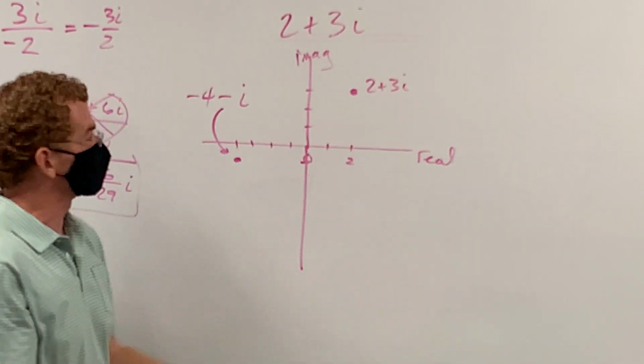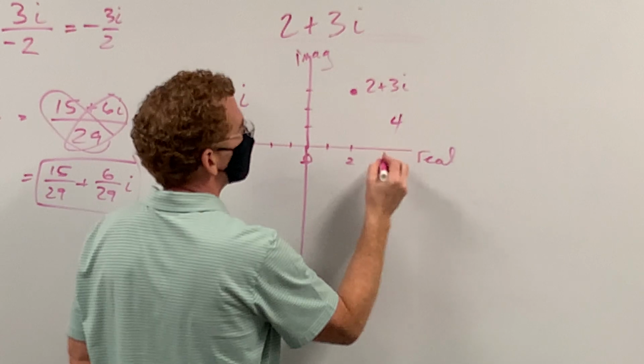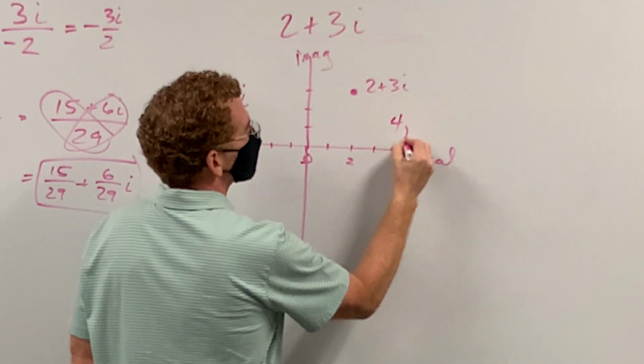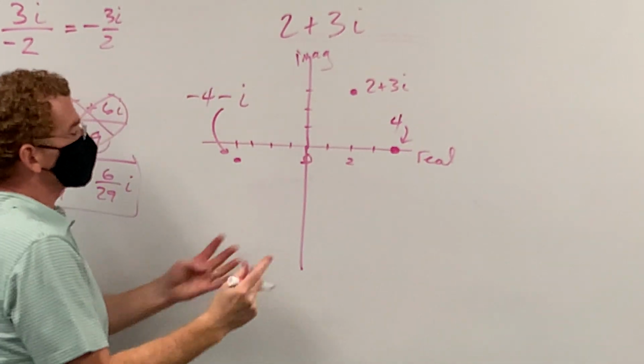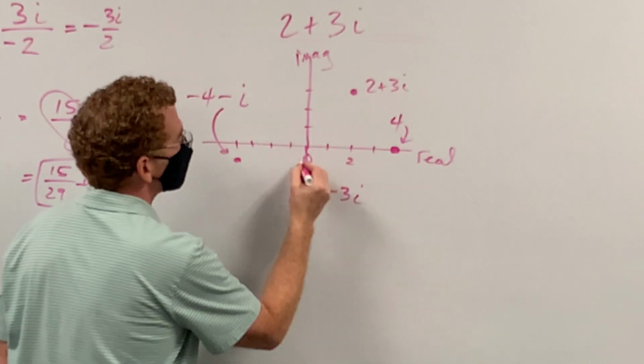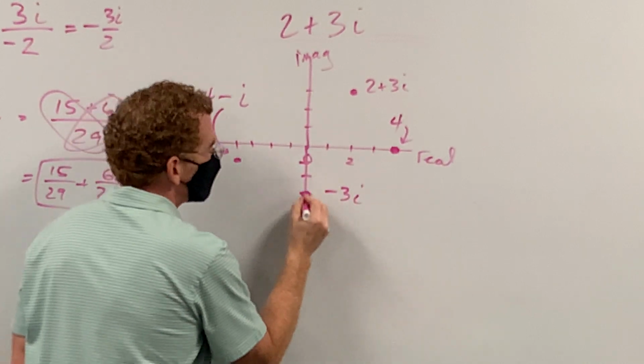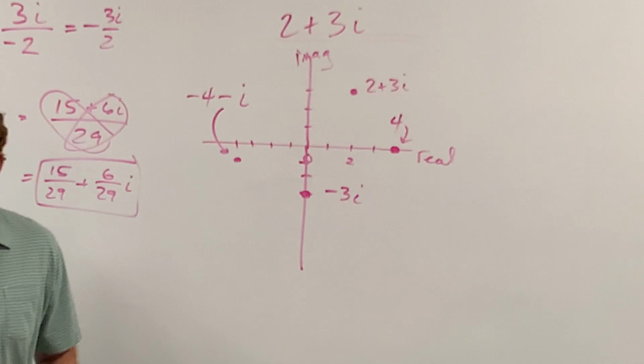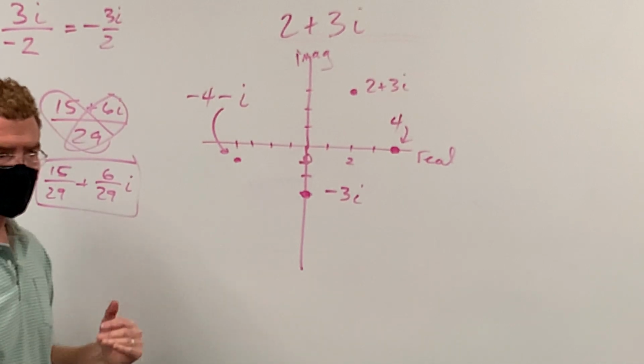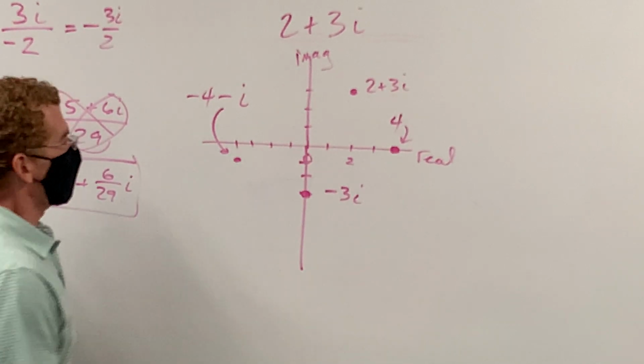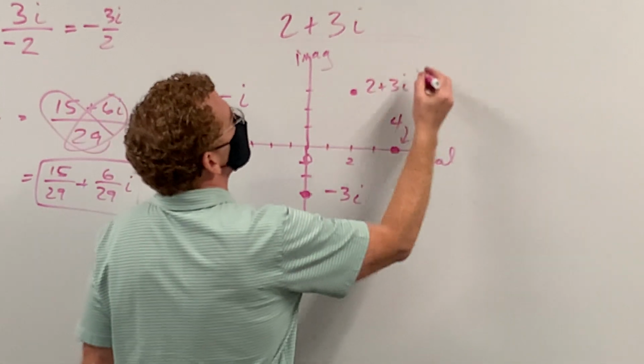Now, if it is a pure real, like 4, well, mark it on the number line. And if it's a pure imaginary, like negative 3i, mark it on the imaginary vertical number line. Y'all with me? And then this might help you now. How do I find the absolute value?